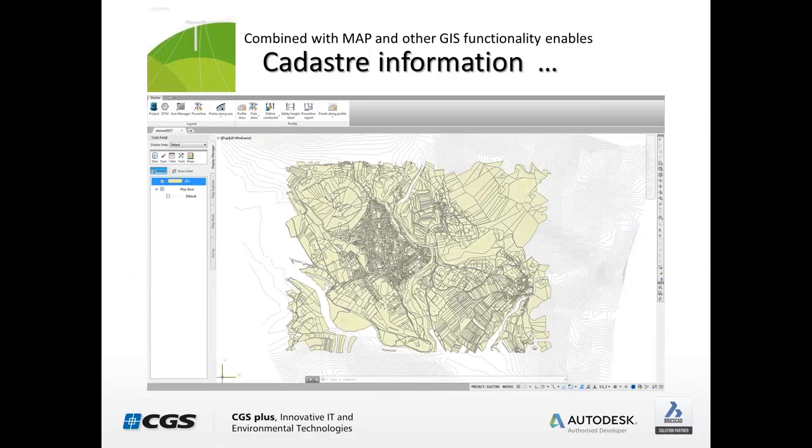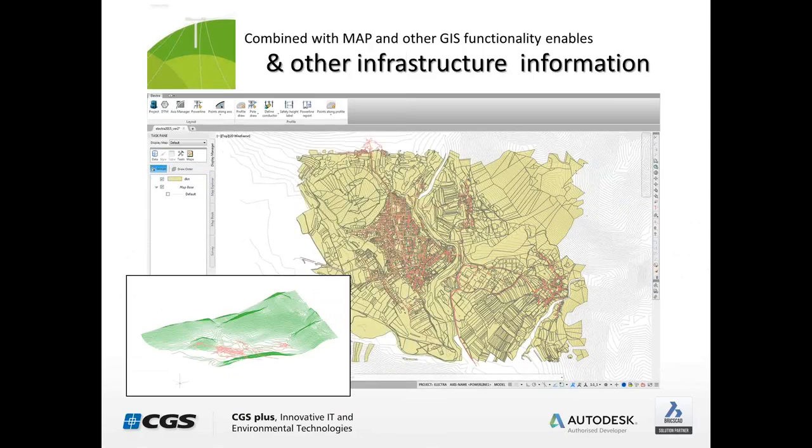Okay. Here is one part that was mentioned before. So if users are using Map or other GIS functionalities, Electra works very well with it. So you can display the parcel information, the existing infrastructure information. So here is some underground existing infrastructure, so that the design can be, let's say, more precise and more accurate, and also in terms of where all the conditions are.